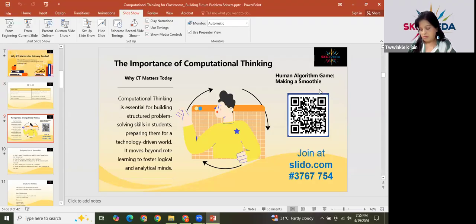Okay. Human algorithm: making a smoothie. Please just join at slido.com and type this code, 3767754. Please note it down quickly because I have to open the screen and see your responses. I hope all have either scanned the QR code, or otherwise just type slido.com in your web browser and type this code.